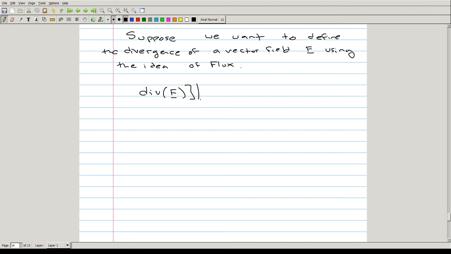So the divergence of F at any point R in three-dimensional space should be the net amount that F is flowing into or out of the point R. Specifically, into or out of a very small surface surrounding the point R.